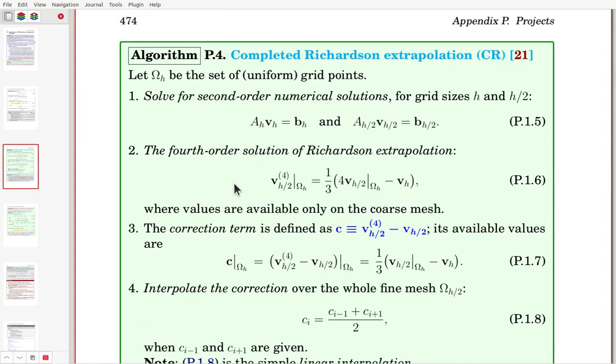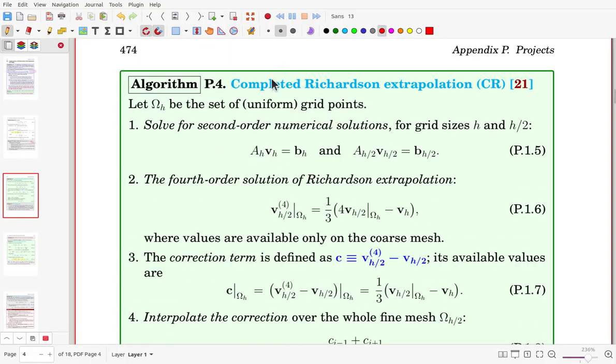Here we have completed the Richardson extrapolation algorithm. We define omega h. Here we define omega h as the set of all grid points. Of course, uniform partition, and we can get grid points, and this is the set of all grid points.